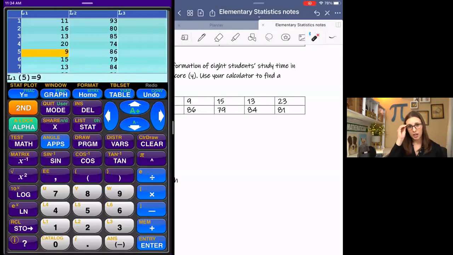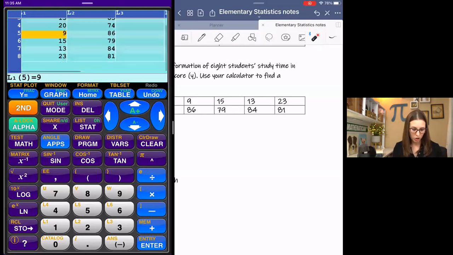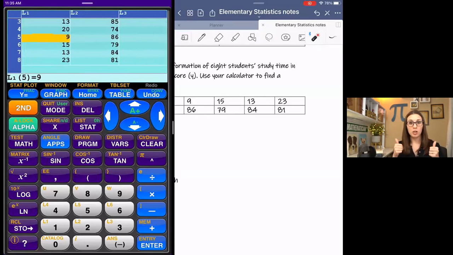Once you've input your data, you want to check and make sure that you have inputted it correctly. So you want to make sure that 11 is lined up with 93, 16 with 80, 13 with 85, and so on. So I double checked mine. Mine should be good to go. They all match up. There's 8 students, so that should be all correct.